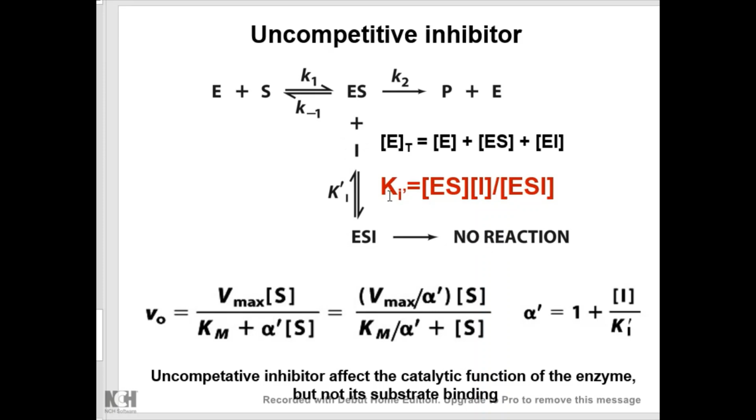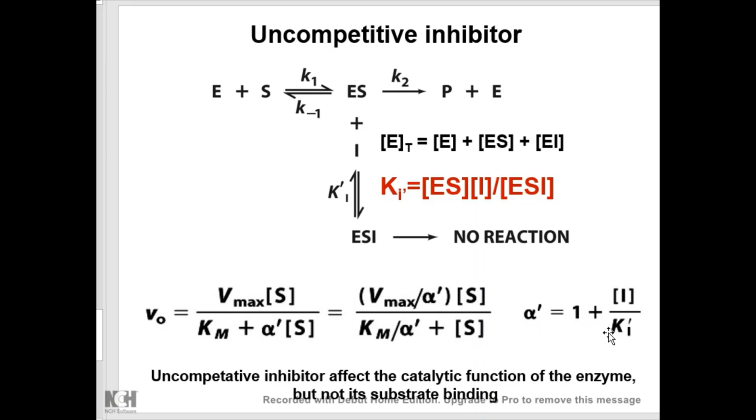Okay, and then when we insert these 2 parameters, Ki prime and inhibitor concentration, into the Michaelis-Menten equation, we are going to get an equation in which both Km and Vmax are modified by alpha prime.